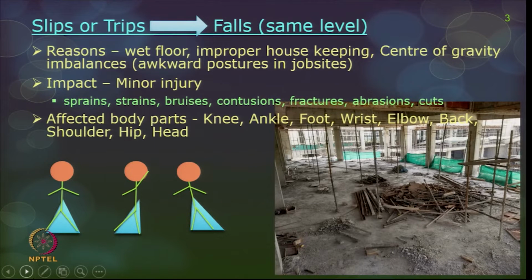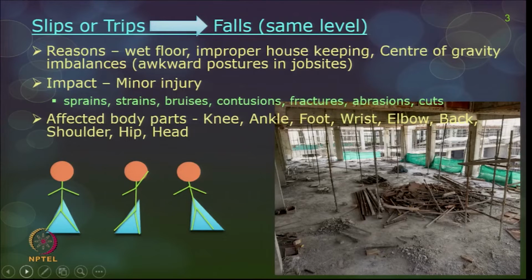Maybe instead of stepping down a ladder and pushing the ladder to another position and then trying to reach an activity or a material, you try to grab the material from the place where you have put the ladder. As a result you end up in awkward positions or postures in job sites, so you lose balance and you fall.